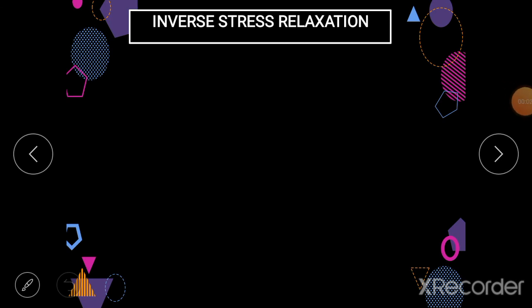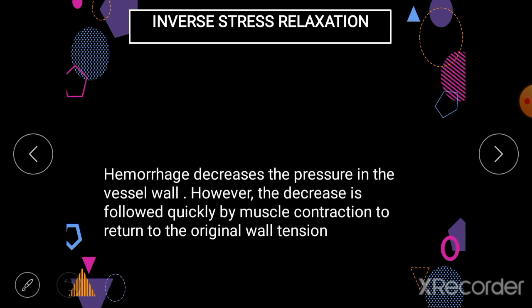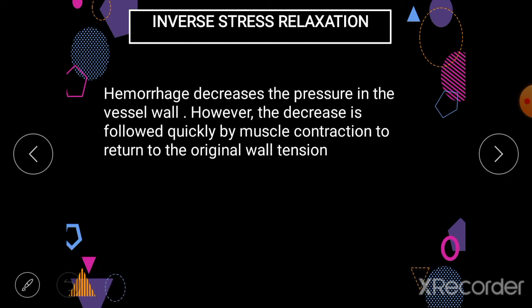Opposite to stress relaxation, there is this phenomenon which is known as inverse stress relaxation. This is seen in cases of hemorrhage or bleeding. When a blood vessel is cut and the blood volume moves out of the blood vessel, the volume inside the blood vessel decreases, and the volume which was stretching the walls of the blood vessel is no longer there, so the stretch on the vessel wall also decreases.